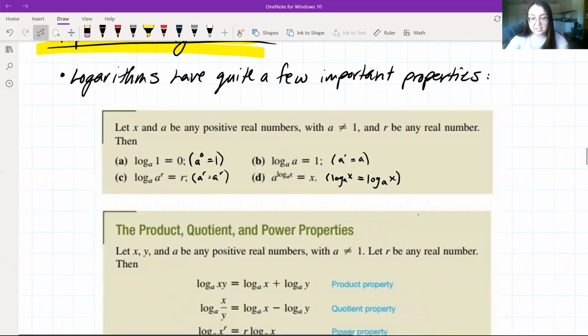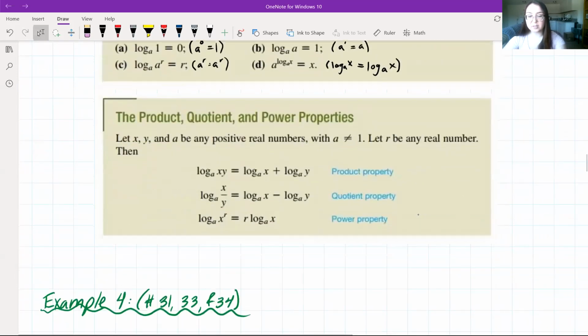All right, so now moving on, we have our product, quotient, and power properties. So we let x, y, and a be any positive real numbers with a not equal to 1, and then we're going to let r be any real number. So now we have first our product properties. So we have log base a of x times y can be separated into log base a of x plus log base a of y.